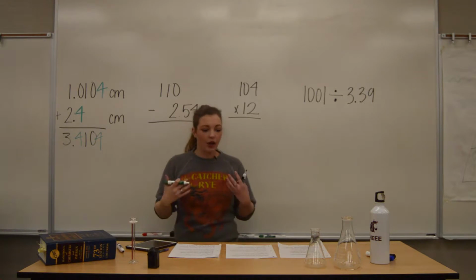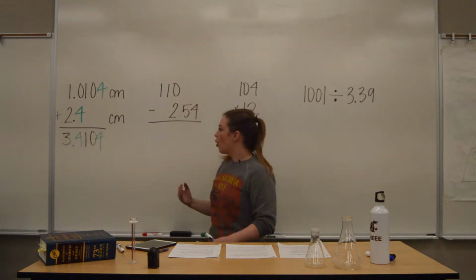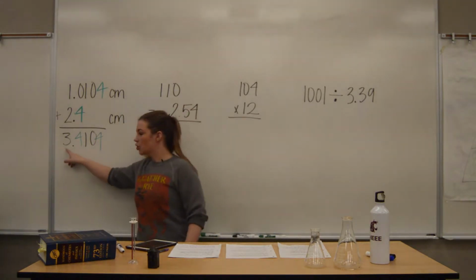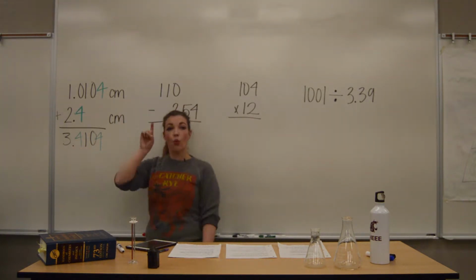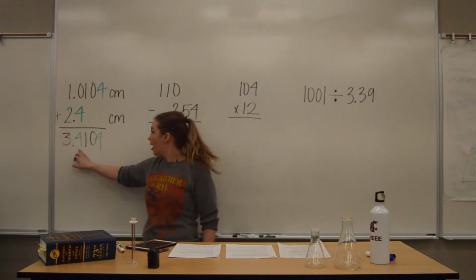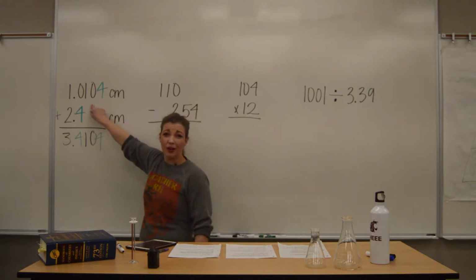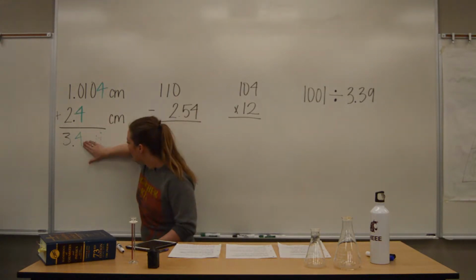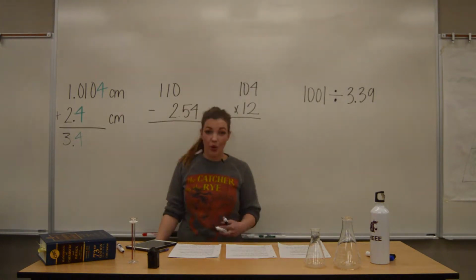Okay, so in all numbers that you report as significant, you can only report all of the certain digits, which in our case right now is the 3, followed by 1 and only 1 uncertain number. So that's our 4, right? Because if we have uncertainty here, these numbers don't really matter. We can't be certain about them, and we can't report them. So our answer in this case would be 3.4.